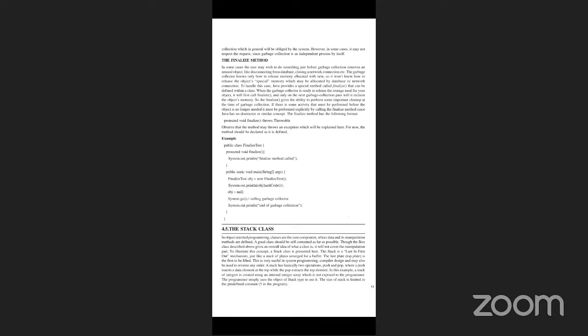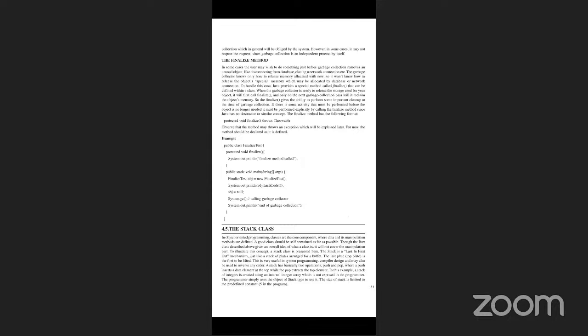Finalize method. Finalized means what? Fixed. Final means what? Fixed. Here, the finalize method gives an ability to perform some important cleanup before garbage collection. If some activity must be performed before an object is no longer needed, it must be performed explicitly by calling the finalize method.